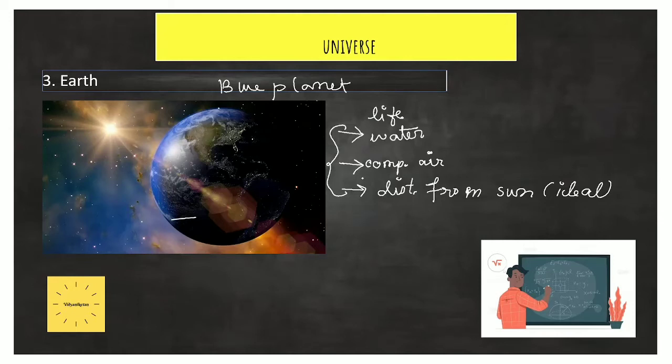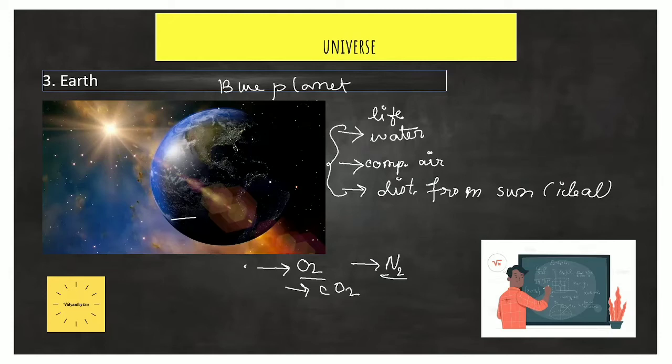So what is the composition of atmosphere on Earth? It has the right amount of oxygen, the right amount of nitrogen, N2, and the right amount of carbon dioxide which is required for life.